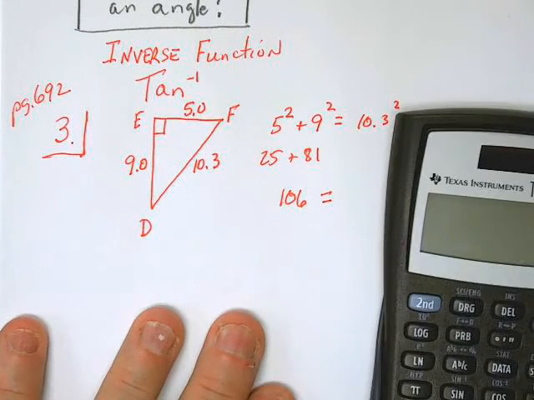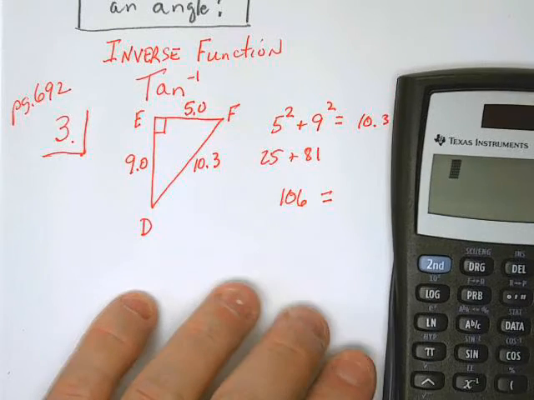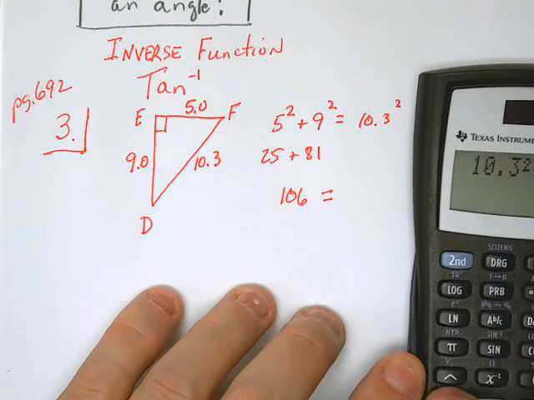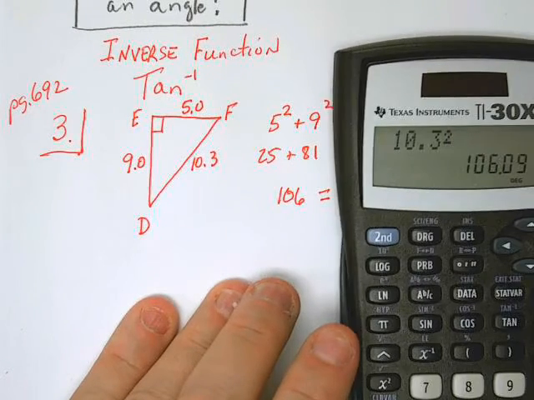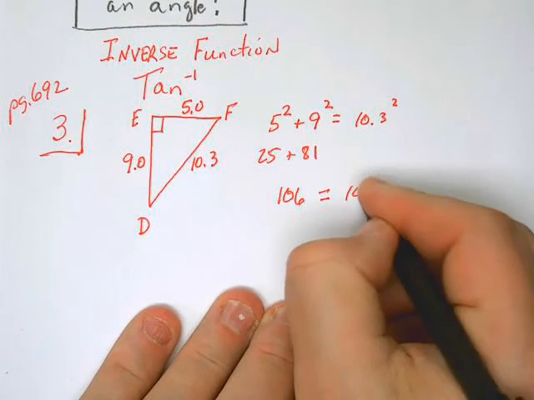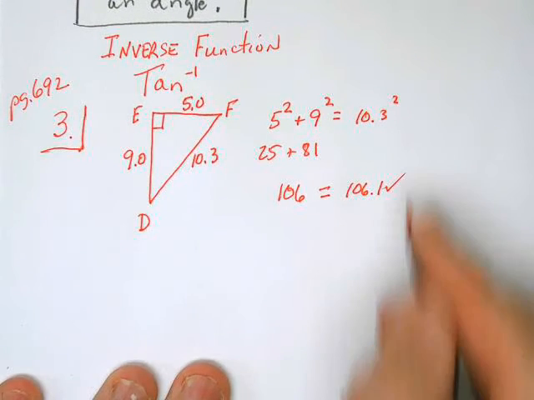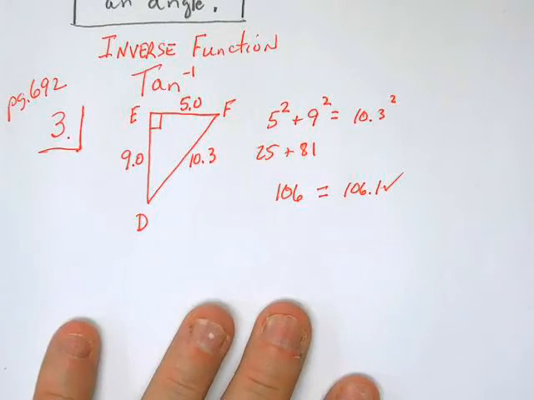Is that equal to 10.3 squared? I found a calculator. We get 106.1, so they must have rounded. The Pythagorean theorem does work. That's not what they're asking for, but that's just our own little extra practice.